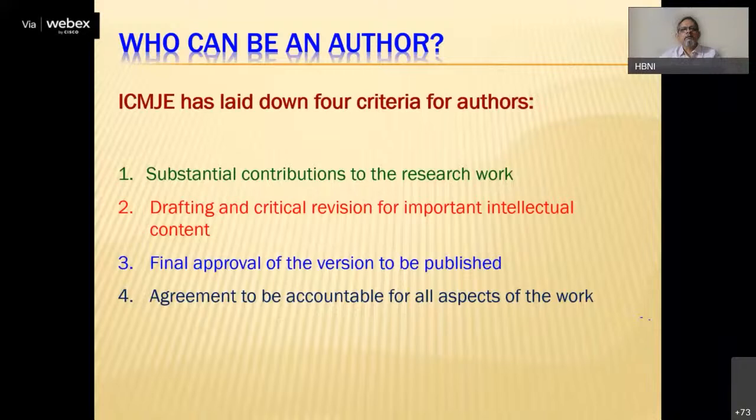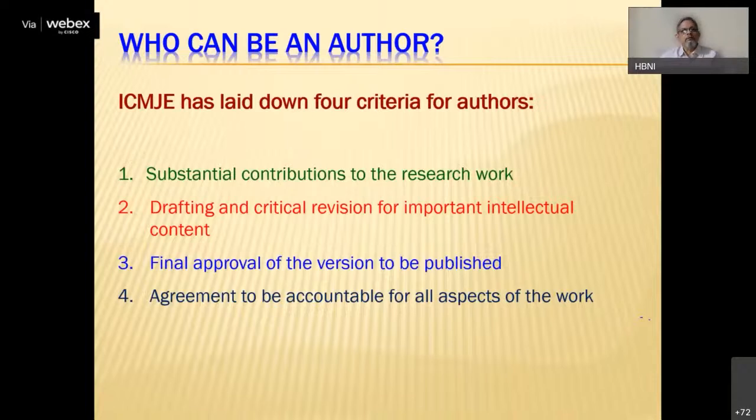Usually it comes back with some comment or the other. You will have to revise the manuscript accordingly and then submit it again. So the person who approves the revised version, or any version, happens to be an author.